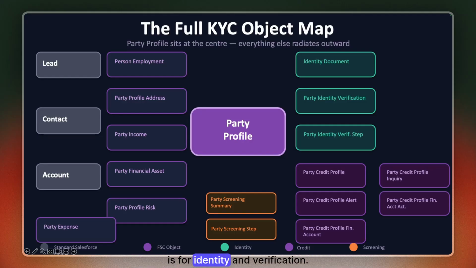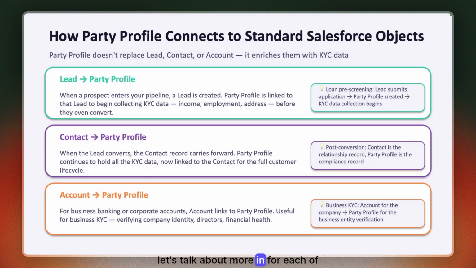One is for identity and verification. If you see, it is here, identity, and this is identity. Another, we see the credit profile and financial data. Then we have screening summaries basically. Now let's talk more about each of the clusters and objects listed on this screen.